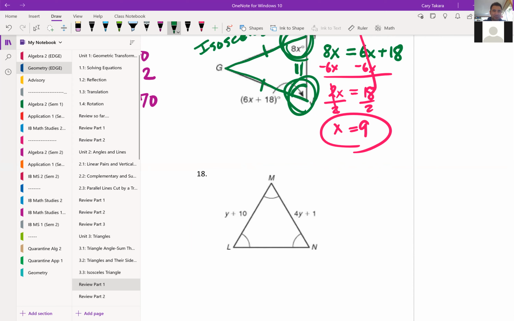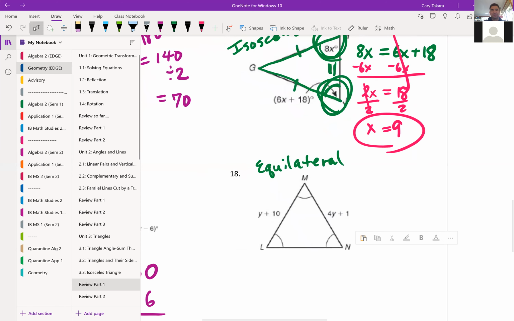The correct spelling too. Equilateral. Yeah, I think there's an I in it. Equilateral. Okay. I'm not going to test you on spelling on that, but I think that's how you spell it.